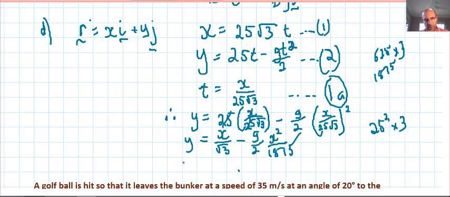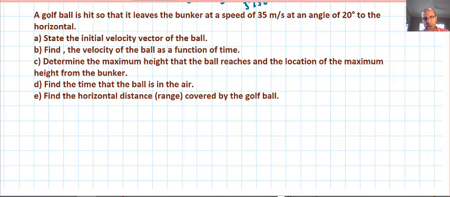Tidying it up, we should get a quadratic, right? Because we've got a trajectory here, projectile motion, a parabola. So yes, it looks like we're heading to a reasonable answer. It would be root 3 on 3 x, just rationalizing the denominator because that's nicer. And we have g, remember g is a constant, g x squared over 3750. So y equals root 3 on 3 x minus g x squared on 3750 is our Cartesian equation.